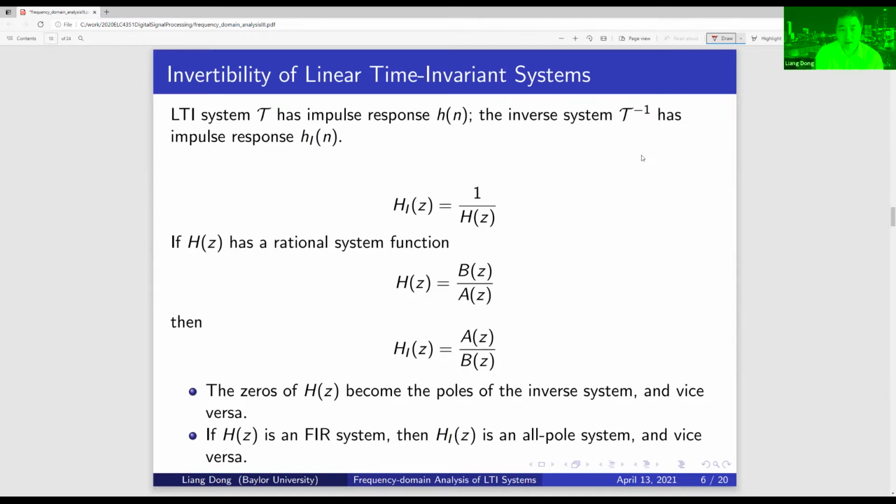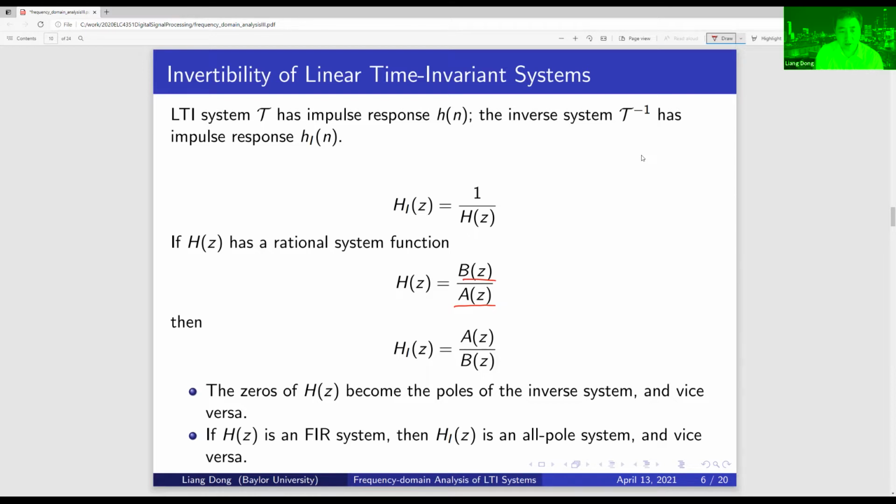If H(z) has a rational system function, which is the usual case for any implementable system, we can draw the schematic for that with the A's and the B's. Those are the polynomials. The B's in the numerator are the feed-forward network, where we have delayed taps. And the A(z) in the denominator is the feedback loop from the Y, which comes back with a few delays. We should be very familiar with these.